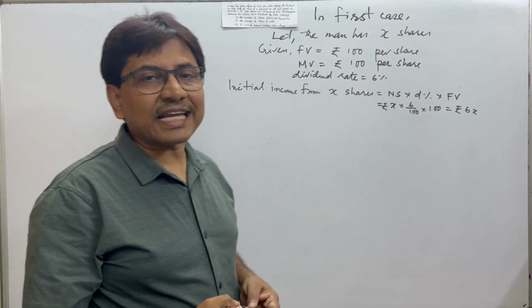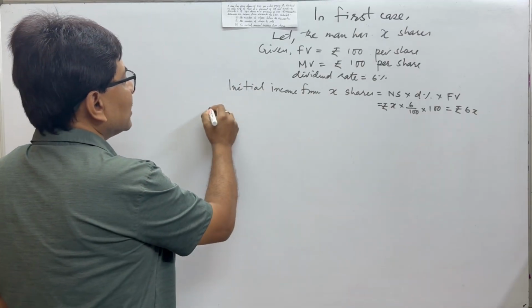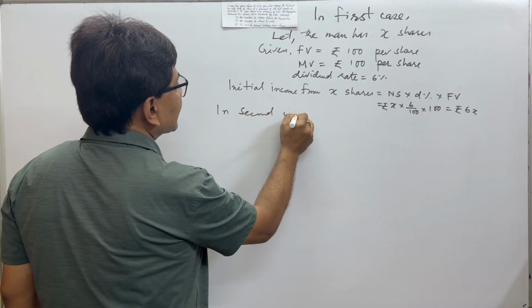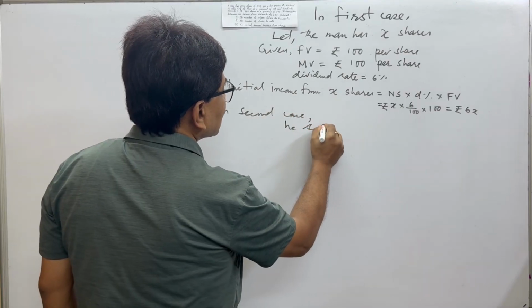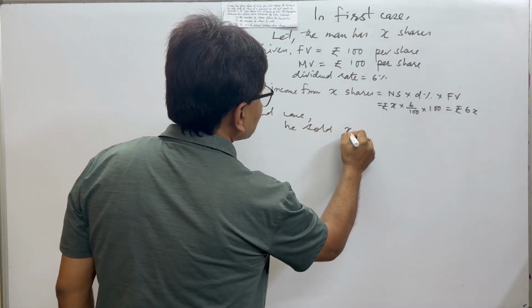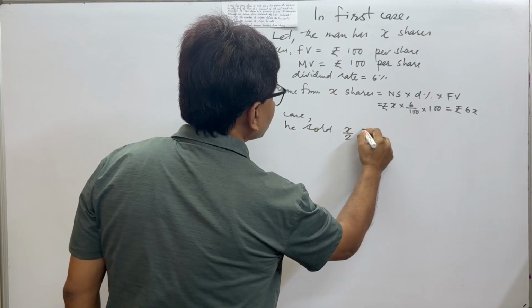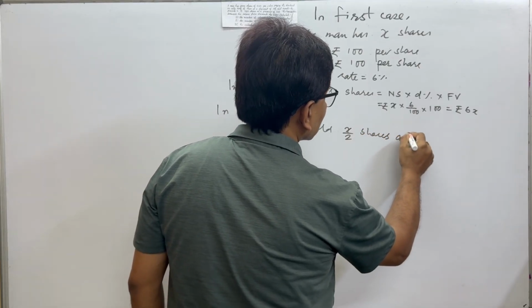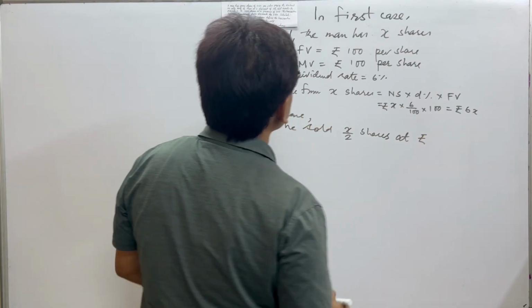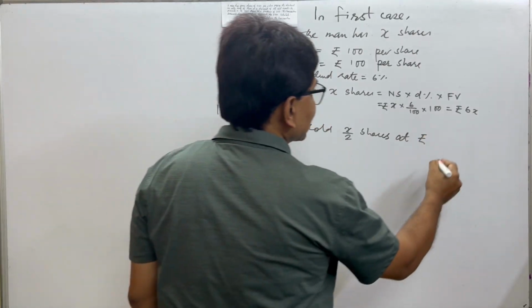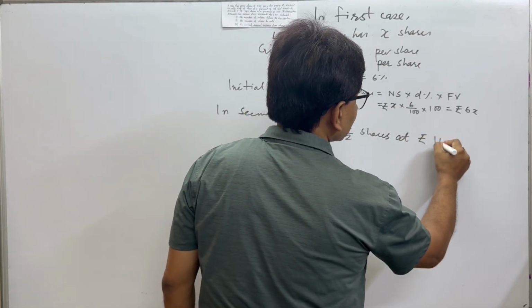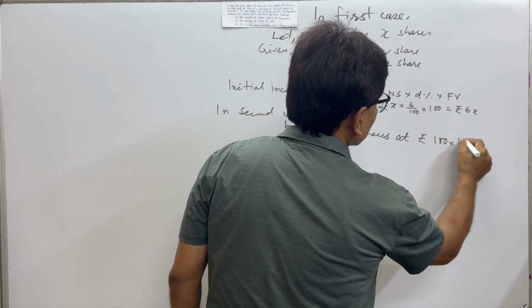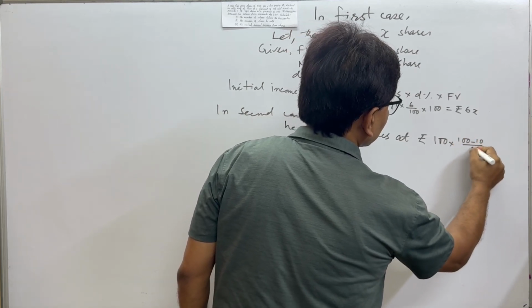Now second case. In the second case, he sold X by 2 shares at 10% discount, that is at rupees 100 into (100 minus 10) by 100.